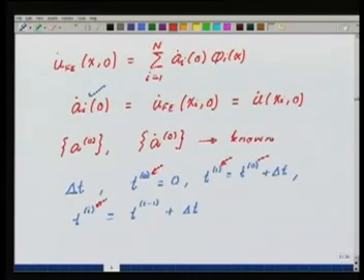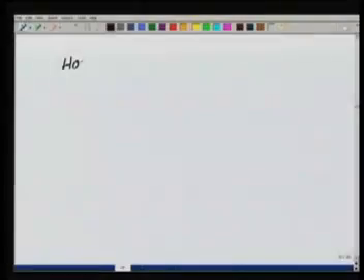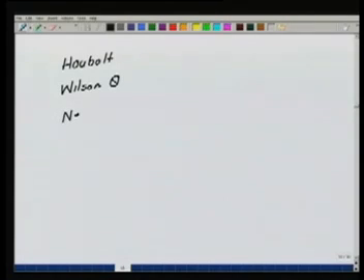Okay. So just like we had done in the case of the parabolic problem, now we will have to propose a different scheme to represent the acceleration term here, that is, the acceleration term in terms of the displacements and the velocities at previous times. There are many methods available. Primarily the ones which are very popular are the Houbolt scheme, then there is one called the Wilson theta scheme, and there is one called the Newmark scheme.